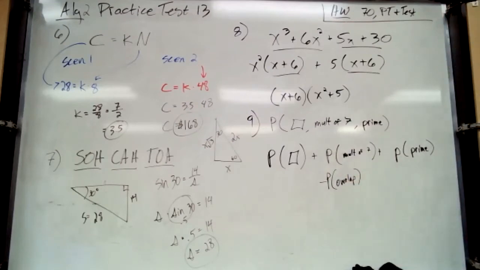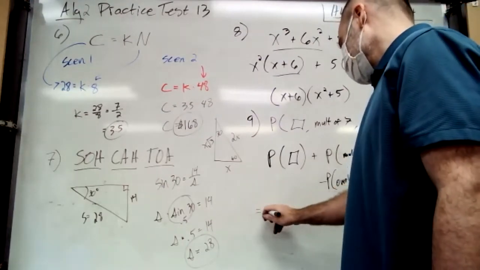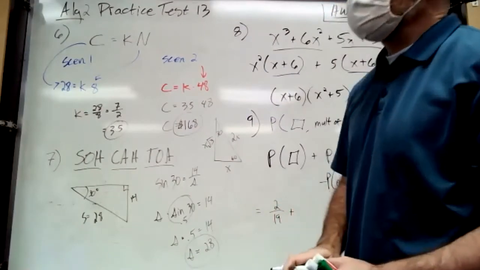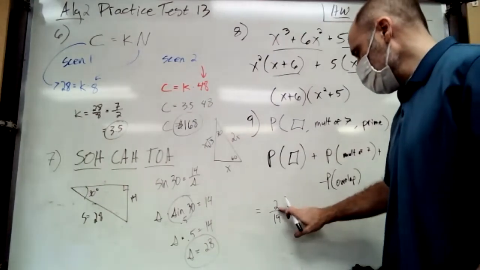So how many perfect squares are between 11 and 30? Well, 16 and 25, right? So just 2 out of what's our total? 19. 2 out of 19 plus, is it 19? I think it's 20. Oh. It's 20 because you're including 11 and 30.